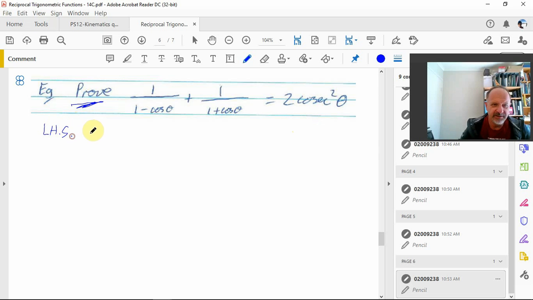The left-hand side is equal to 1 over 1 minus cos theta plus 1 over 1 plus cos theta. And what I am going to do is create a common denominator by simply multiplying those two things together.